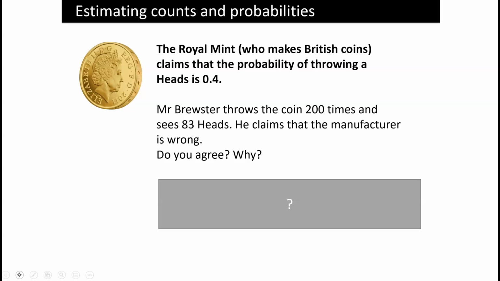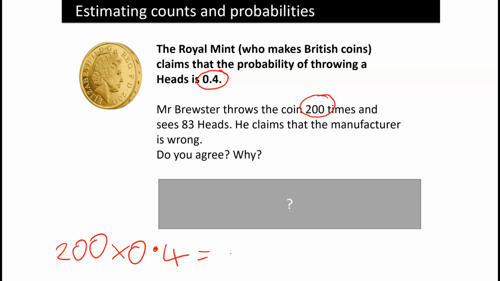There's a couple of ways we could look at this, but if we are doing it 200 times and the Royal Mint thinks the probability is 0.4, we could do 200 times 0.4, and you would expect to get 80 heads.